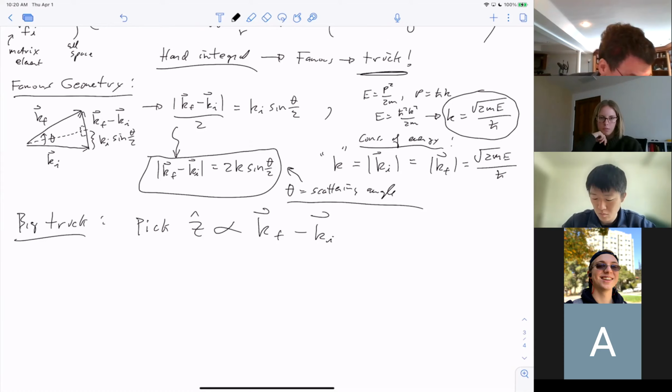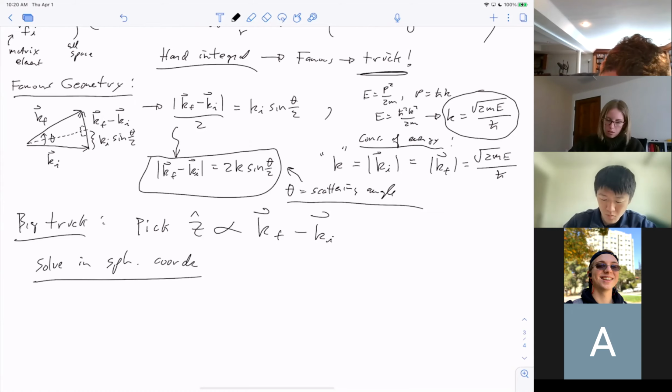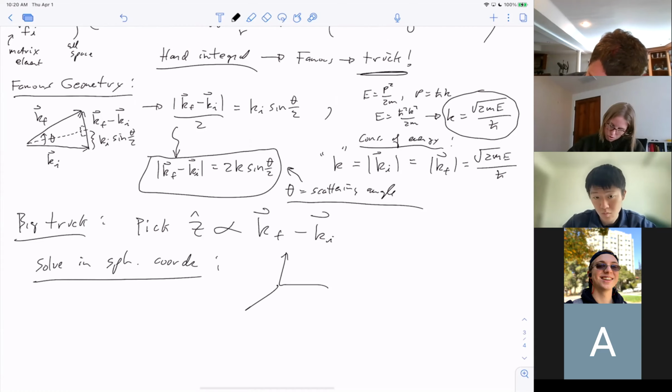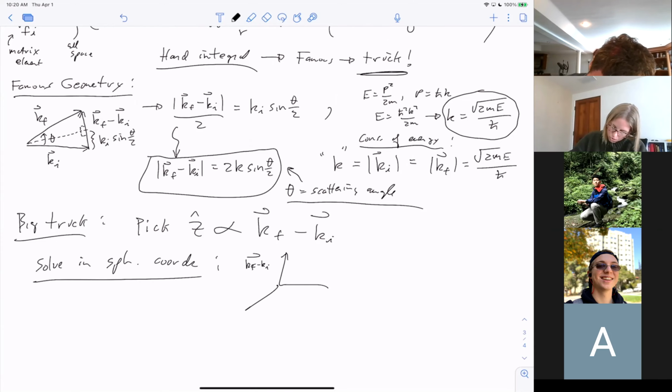And so then what we have is, now we can solve the integral in spherical coordinates. And we have this direction, which is the direction of kf minus ki. And so now we're solving the integral. We have this vector r prime, and that's the integrating variable.